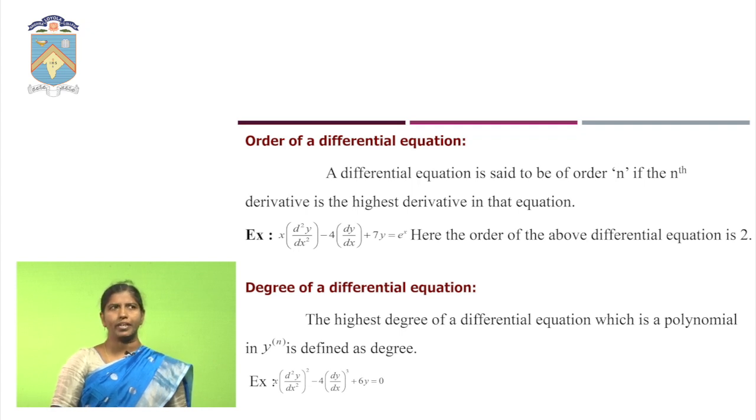And coming to degree of a differential equation, what is the degree? The highest degree of a differential equation is defined as degree. That means we have taken the order of an equation; the highest power of the order is called the degree of a differential equation.